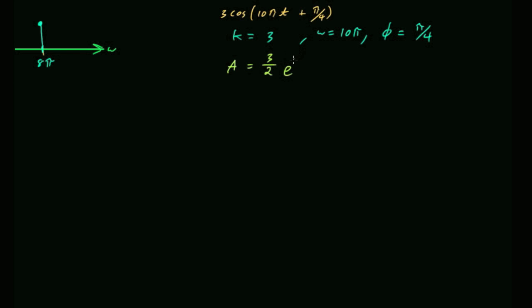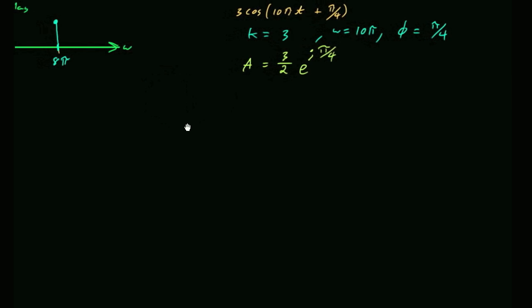And my, this is awful at this, aren't I? e to the j phi. Okay, so it's 3 halves e to the j pi over 4. Okay. Now watch. Here comes the magic.